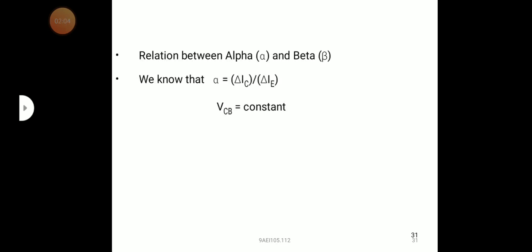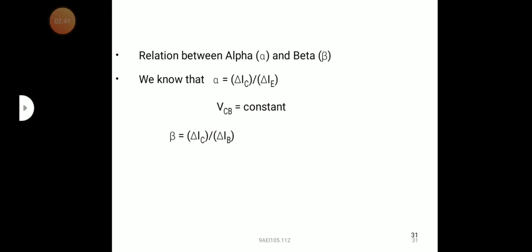Alpha is in the common base configuration. The change in the collector current to the change in the emitter current is called alpha. So alpha equals delta IC by delta IE, when VCB is constant.